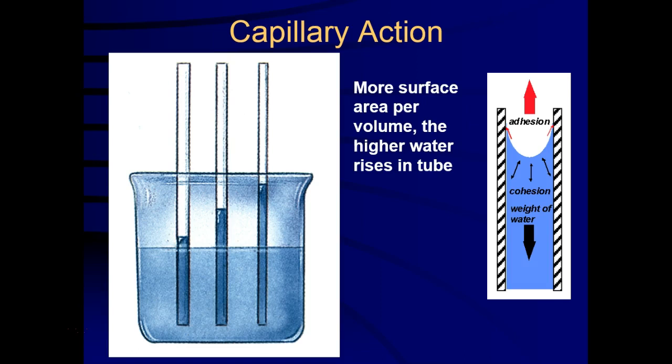What's going on here is a combination of cohesion and adhesion. Now we know that water sticks to itself, right? So water is cohering to itself. So inside the tube, in the middle of the tube, you've got water molecules that are joined to each other.